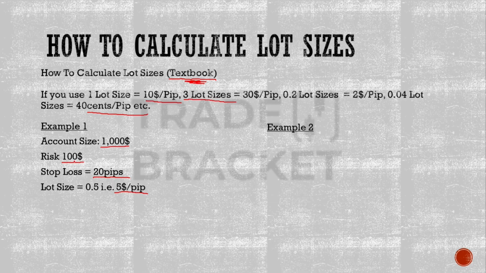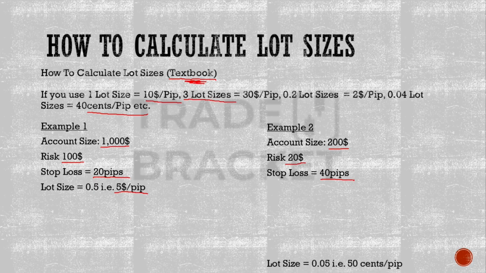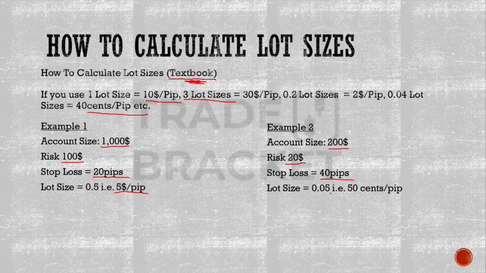So example 2. Let's say you had an account size of $200, and you only wanted to risk $20 of that account on a trade, and you measured your stop loss and it's 40 pips. So the question arises, what lot size will you use?